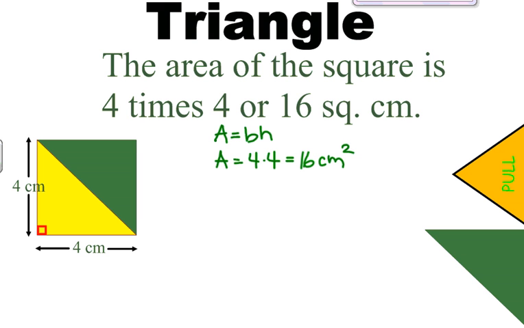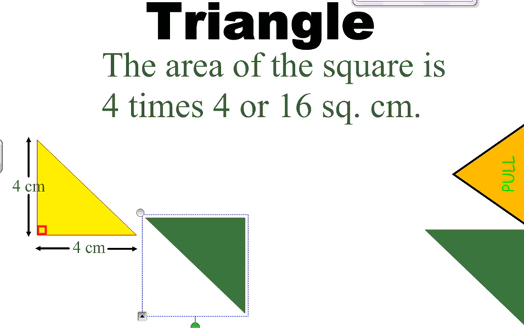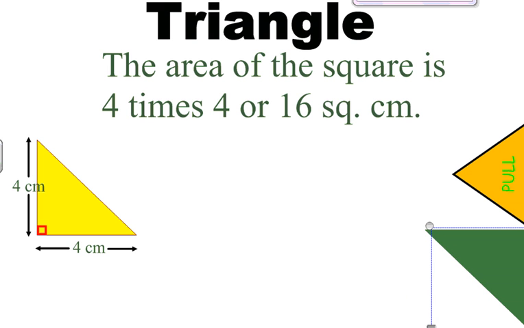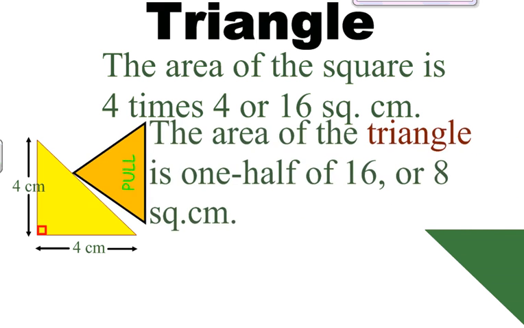But what I notice is that a square, if I cut it in half and I take this green piece away, now I have a triangle. And what I've done is I've cut this in half. So I'm guessing that the area of that triangle is half of that 16 that I originally started with.